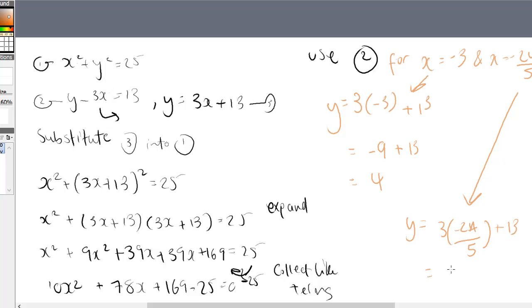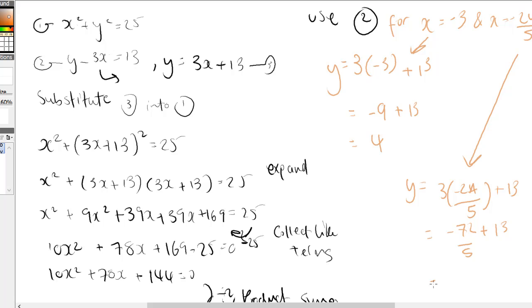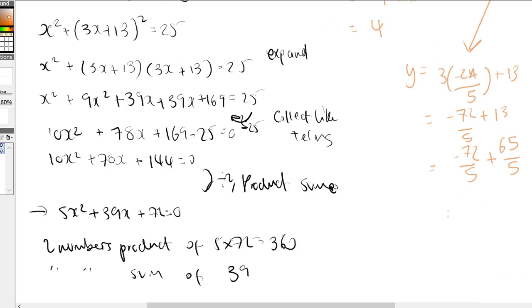So that equals minus 72 over 5 plus 13. So now if I'm going to convert 13 into a fraction, so 65 over 5. So I have minus 72 plus 65, which gives me minus 7 over 5.